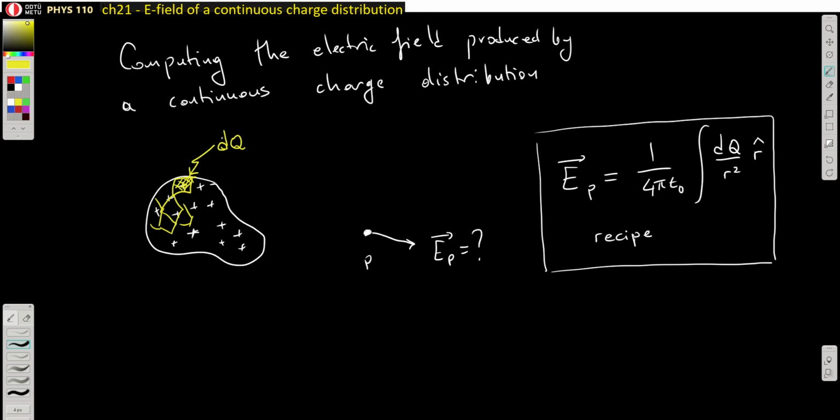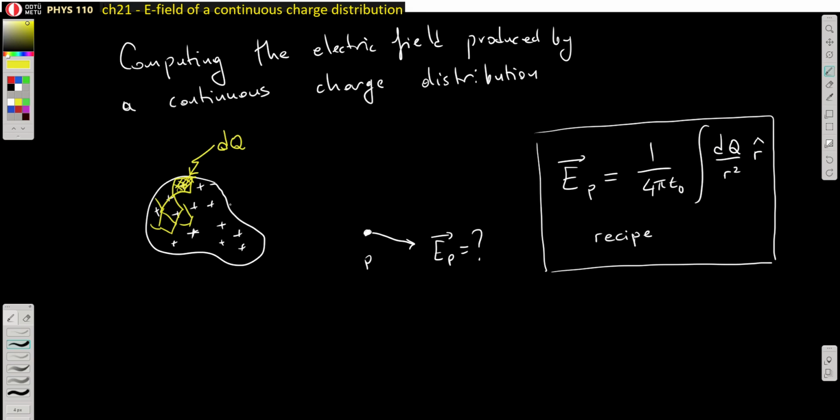At the end, we are going to take the limit where this quantity goes to zero. So the volume, or the area, of each of these pieces should be going to zero at the end, at the integration stage. In any case, you just choose a piece. So dq symbolically represents the charge of that piece.